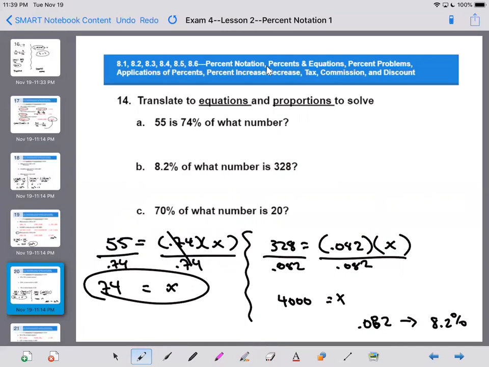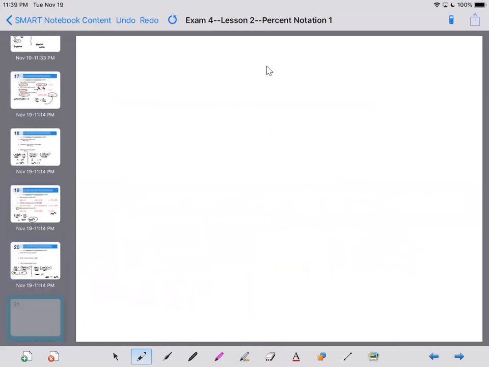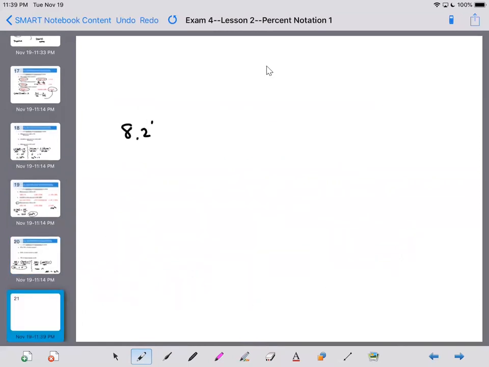So let's say that you wanted to use a proportion on part B. 8 2/10% of 328. Well, we know the total would be 328. I don't know what the part is. What's the part out of the total? But I know that 8 2/10%.